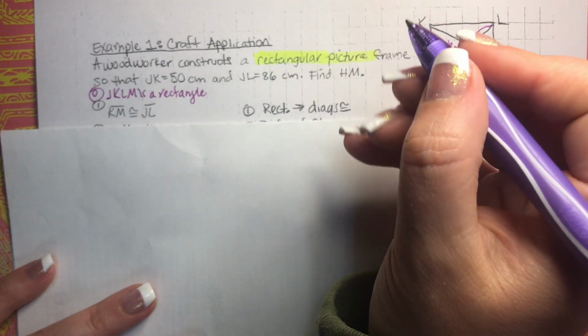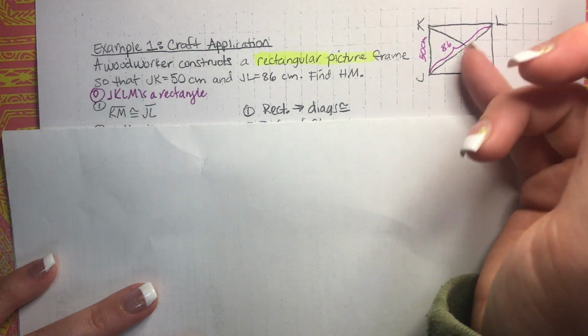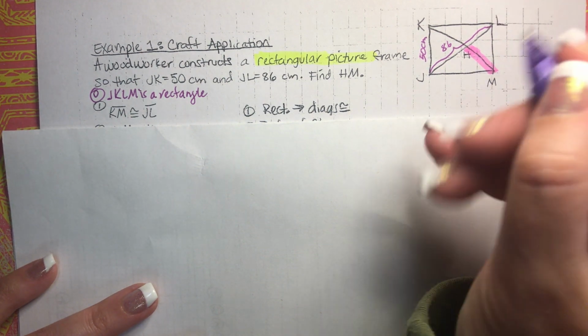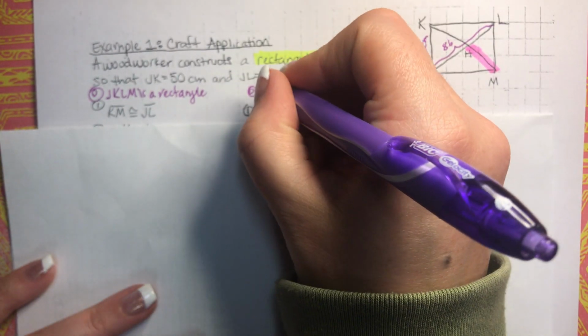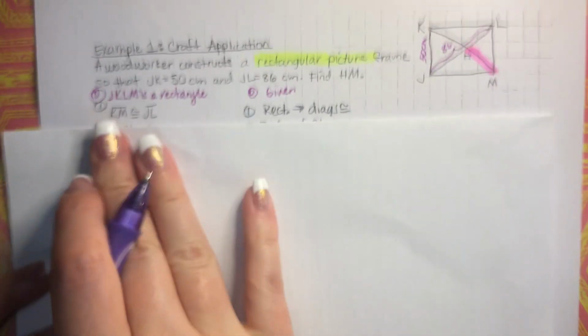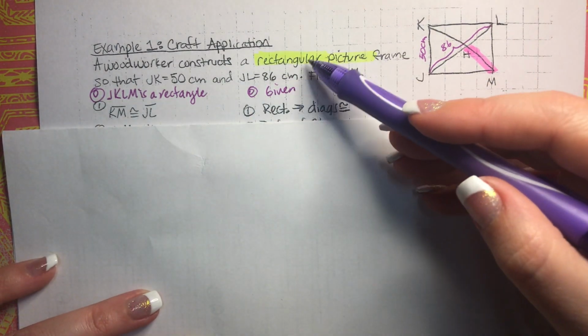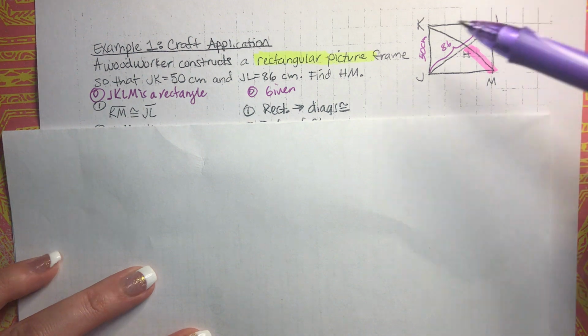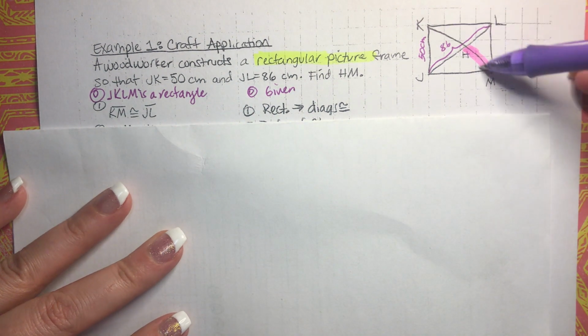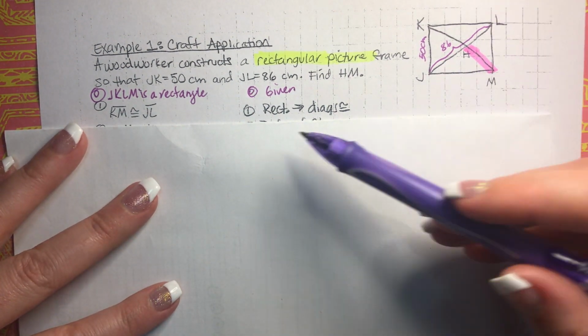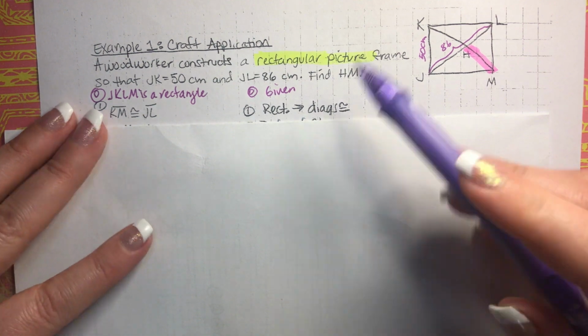Yes, that is definitely given. It's given in here that it's a rectangle. Perfect. So we know that KM is congruent to JL because if it's a rectangle, the diagonals are congruent.